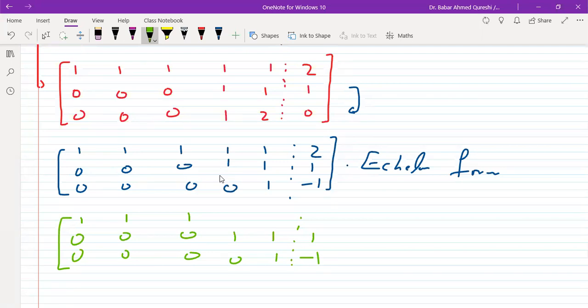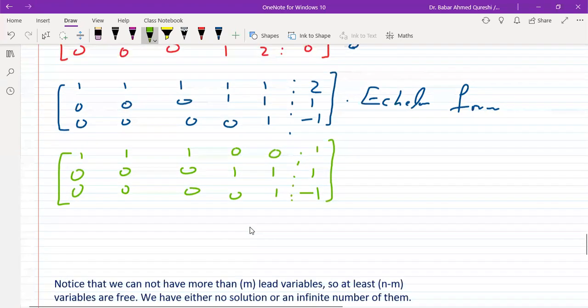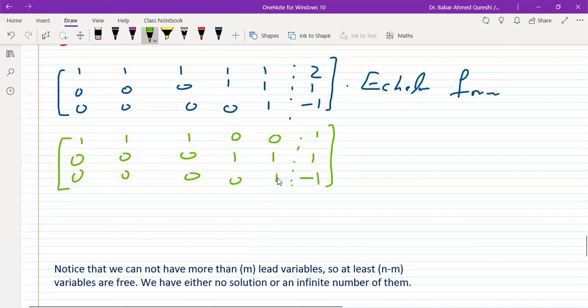-1 plus 1 gives me a 0. -1 plus 1 gives me a 0. -1 plus 2 gives me a 1. Now let's just make this lead variable 1 and make the entries above it 0.